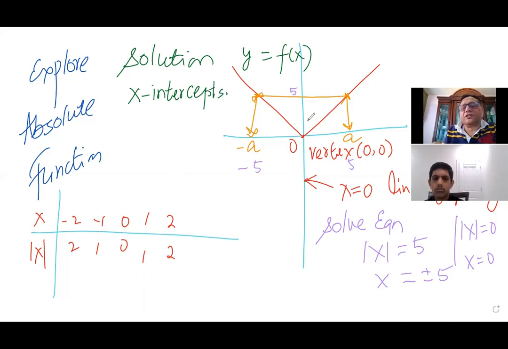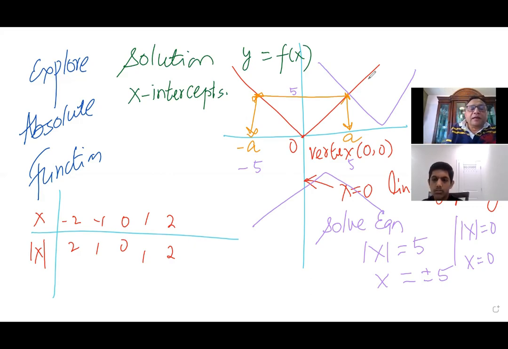So there could be conditions where my graph of the absolute function may move above the x-axis, for example, like this. Or it may move below. So in both these cases, we do not have any x-intercept, so no solution. You get the idea. So there are possibilities where there is no solution.